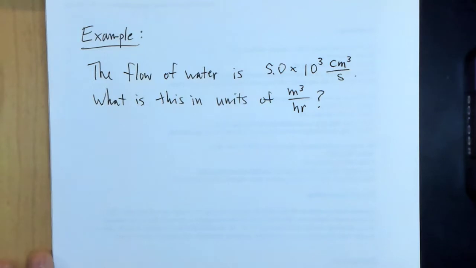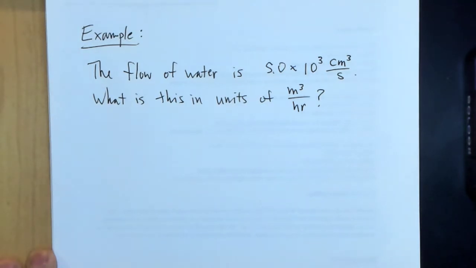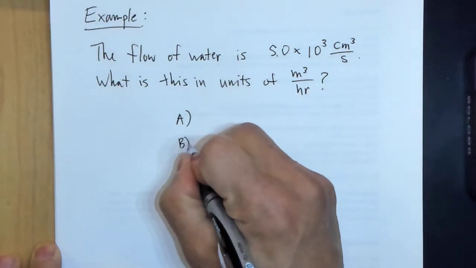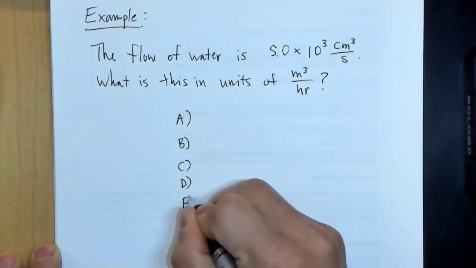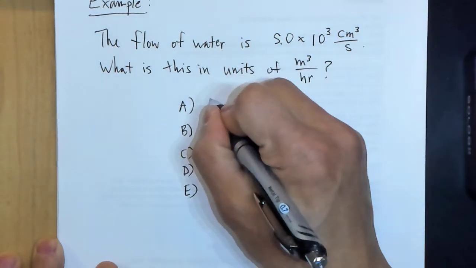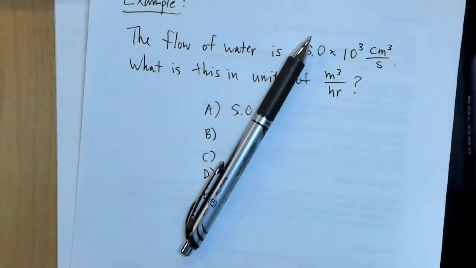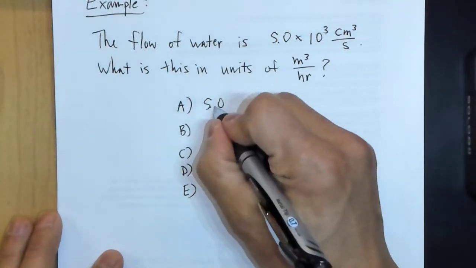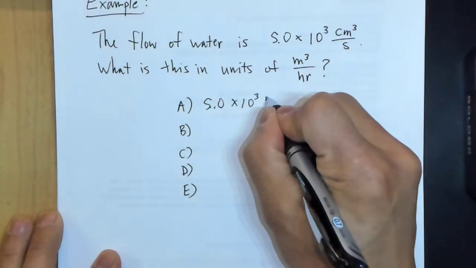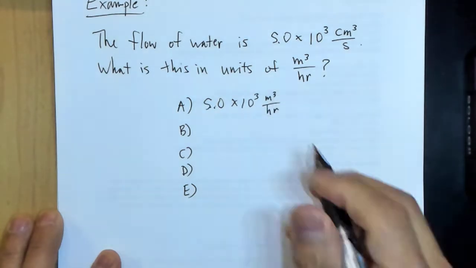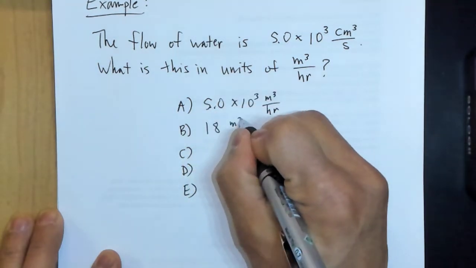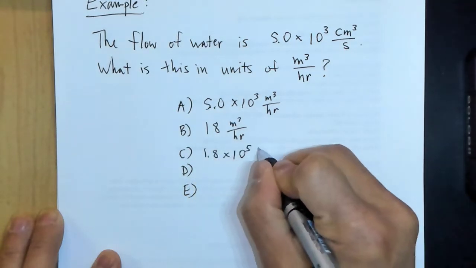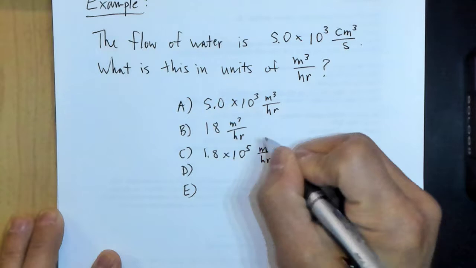The question is, what is this flow rate in meters cubed per hour? And the choices are A, B, C, D, E. A: 5.0 times 10 to the third meters cubed per hour. B: 18 meters cubed per hour. C: 1.8 times 10 to the fifth meters cubed per hour.